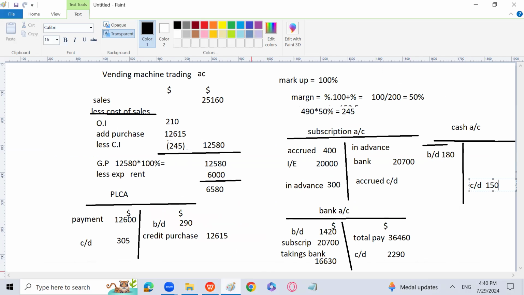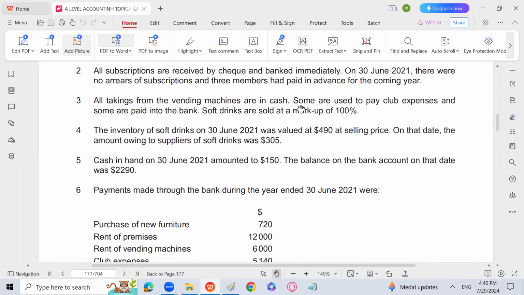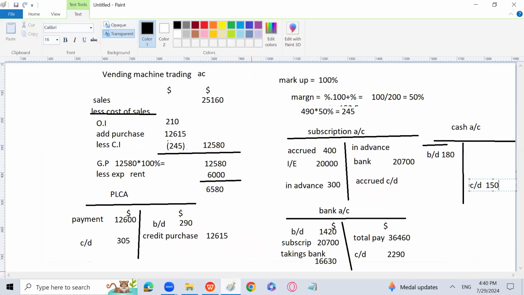Okay. Then one more thing, all subscriptions, there were no arrears. Takings from the vending machine are in cash. That is 25,160. That will also come in the cash account, right?